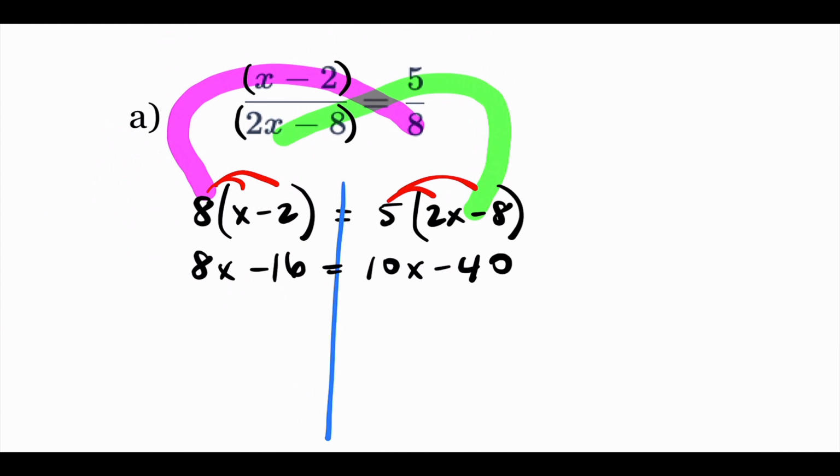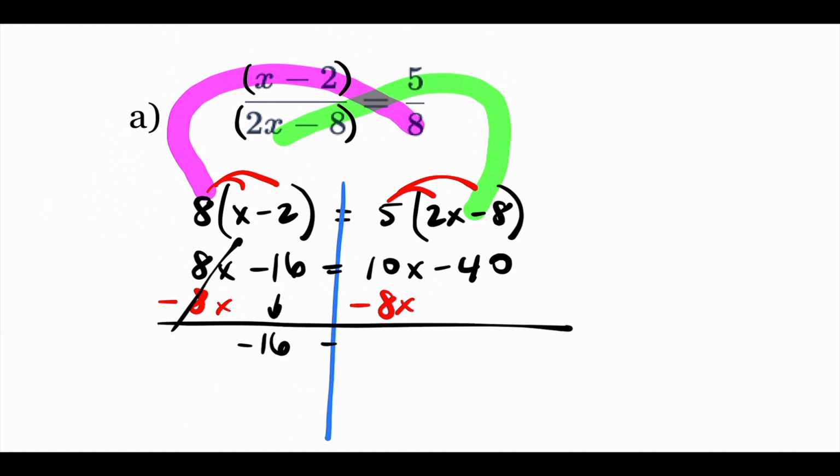So to solve, I got to get x's on one side, numbers on the other. So you could either subtract 8x from both sides or subtract 10x from both sides. It doesn't matter. You'll get the same answer. Okay.